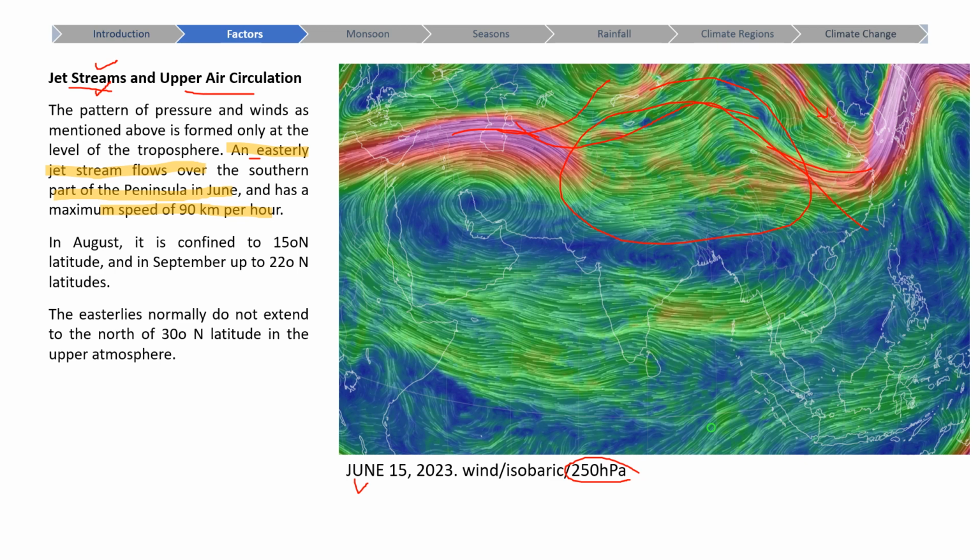These easterly jet streams play a very important role in giving rainfall and in the movement of storms from the Bay of Bengal towards peninsular India. You can see this is the newly generated empire of the easterly jet stream, and this is very significant.